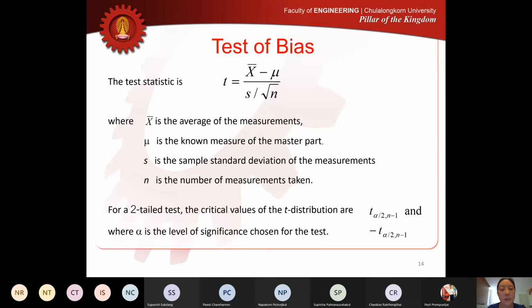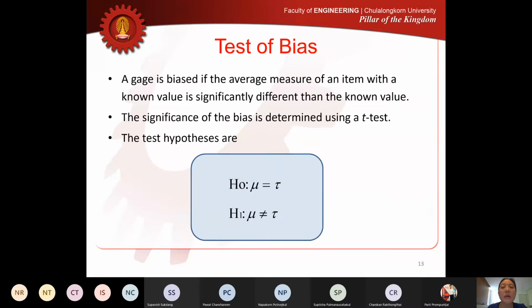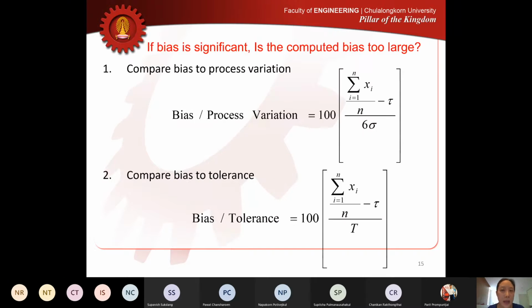Okay, come back to the step where we do hypothesis testing of the bias. Before we move to calculate these two indicators, we have to know first that bias is significant in terms of statistical significance.